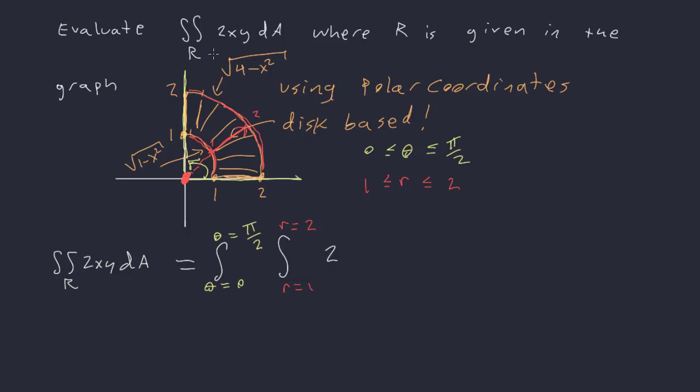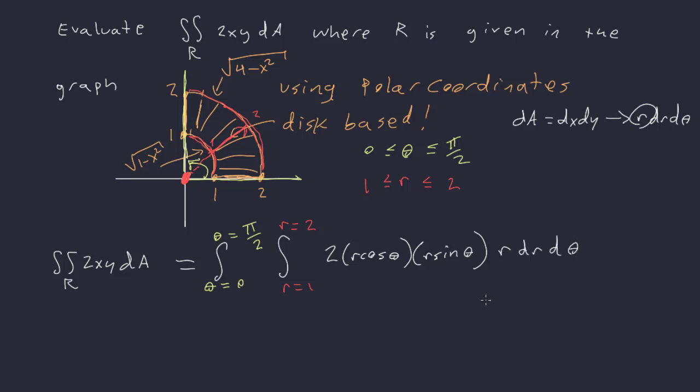Now we just change x and y into r's and thetas using our transformation. x is r cosine theta, and y is r sine theta. Then dA, which is dx dy, in polar coordinates comes out to be r dr d theta, because remember, r is the Jacobian.